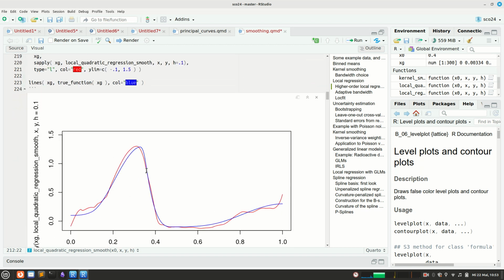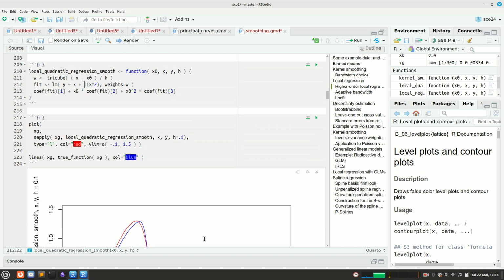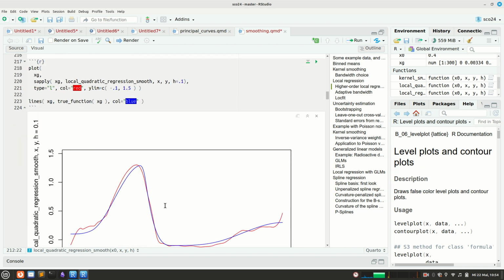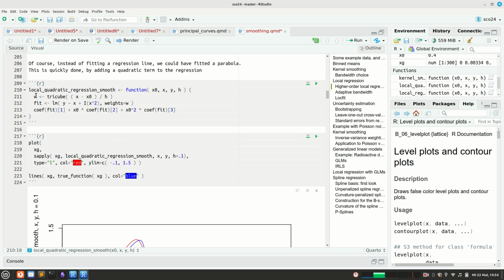So here you see the red line now follows the blue line much better than before, and it manages to follow this steep part much better than we got it up here. And this is because we now used this local quadratic regression, where for each data point we made a parabola. And here you see in the R code how this is done.